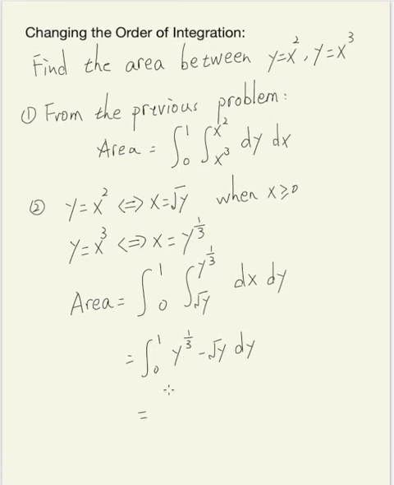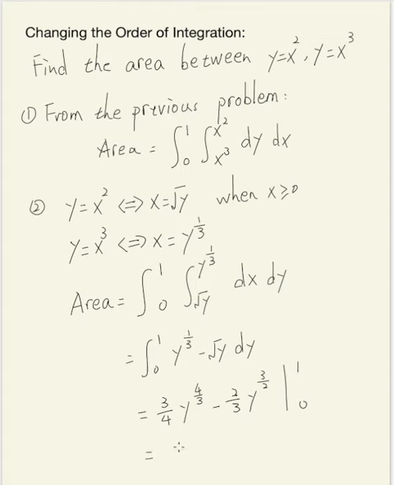And y to the 1 over 3, when integrated, gives you y to the 4 over 3, but divided by 4 over 3, so times 3 over 4. And then minus the square root of y, which is y to the 1 over 2, so you get 3 over 2 and then 2 over 3. This whole thing evaluated from 0 to 1.